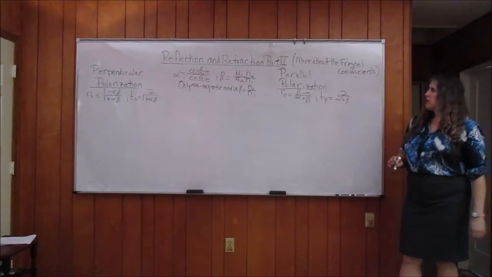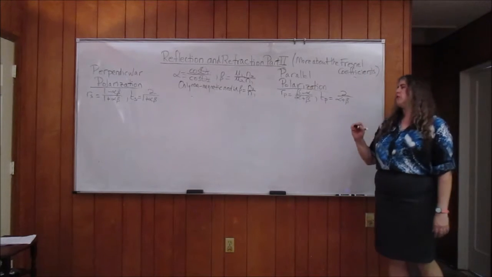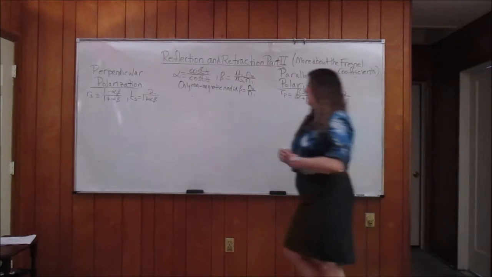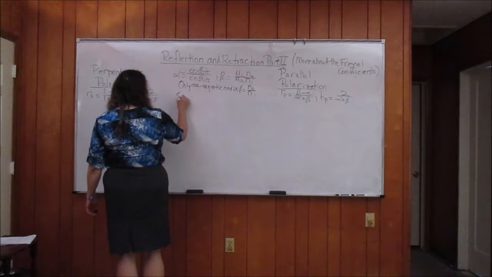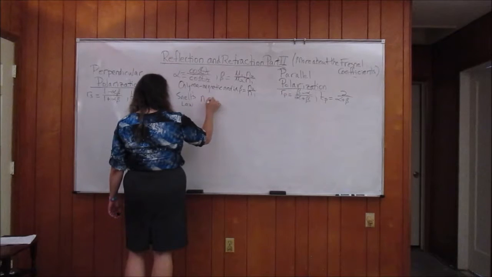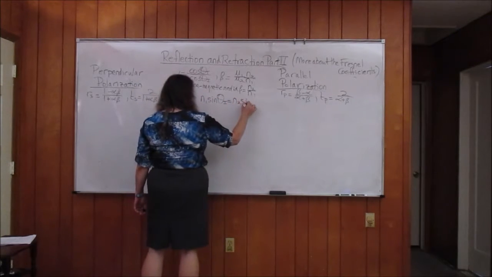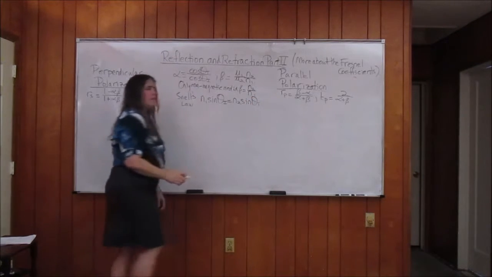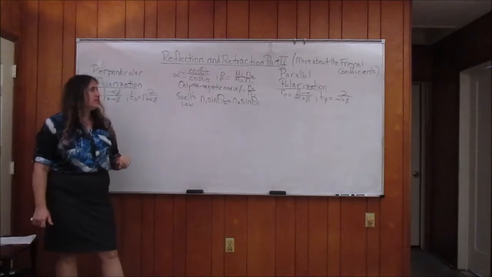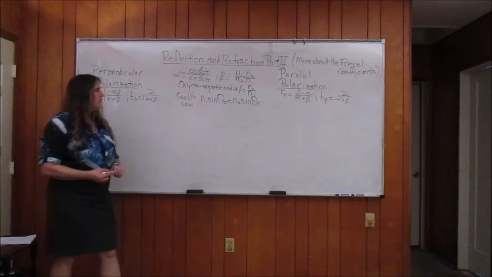Okay, so if we want to show dependence on angle of incidence and angle of transmission, rather than having the N's appear, we need to make use of Snell's law. Snell's law is the index of refraction of medium 1 times sine of the angle of incidence is equal to the index of refraction of medium 2 times sine of the angle of transmission.